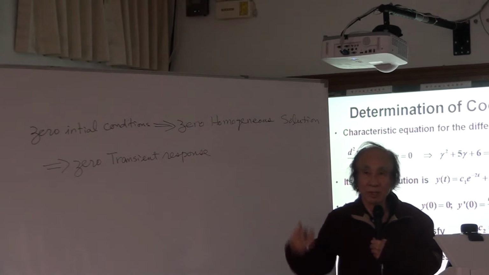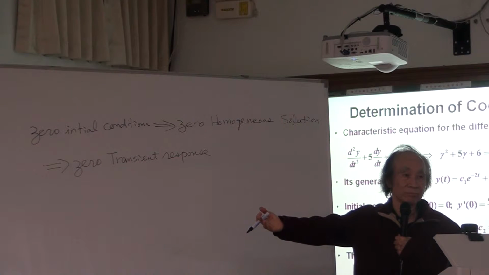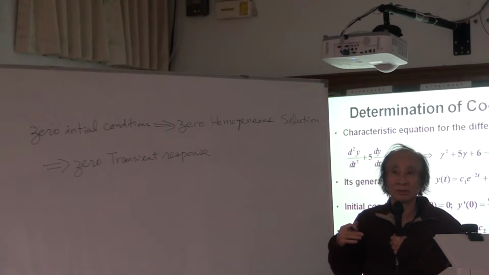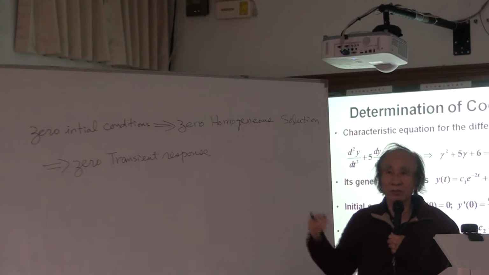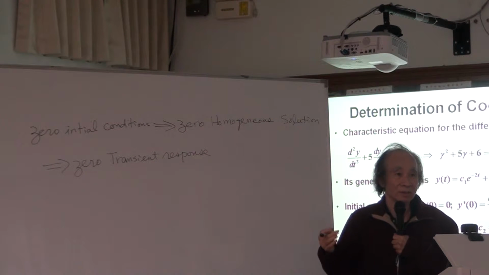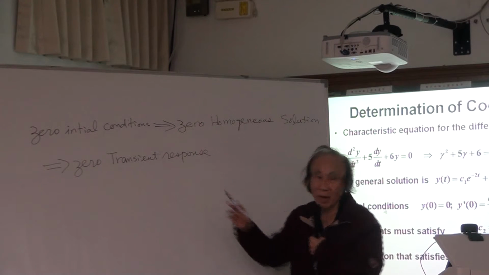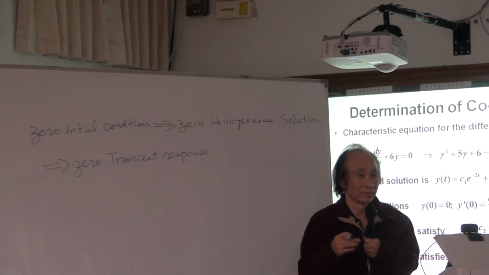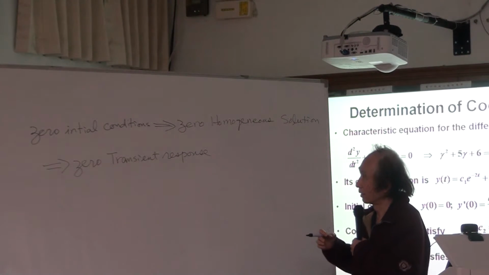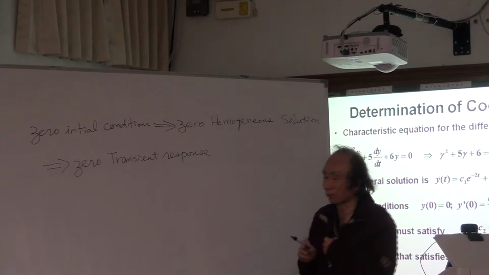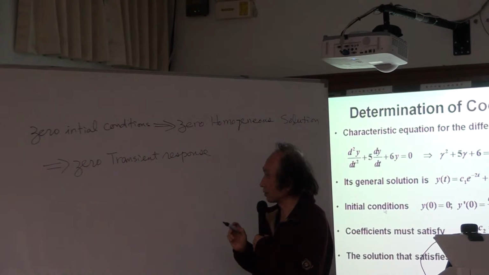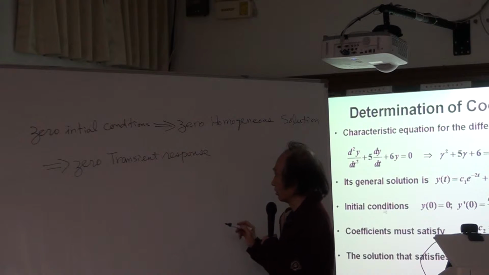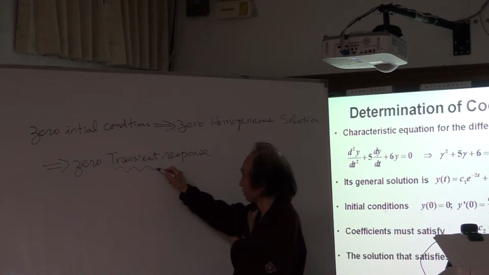That means before the earthquake comes in, my building is still. When the earthquake comes in, then it vibrates. If before the earthquake comes in my building is already shaking, that means I have a transient response, which makes the system even worse. So that's a zero transient response. In engineering systems, we don't call it the homogeneous solution, we call it the transient response.